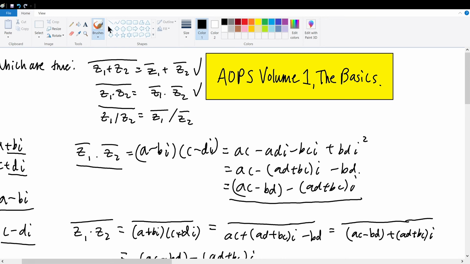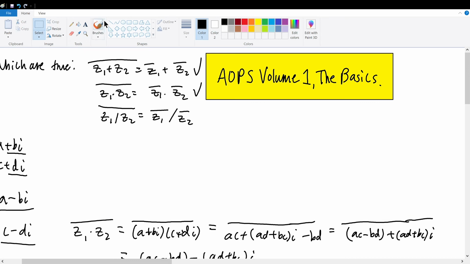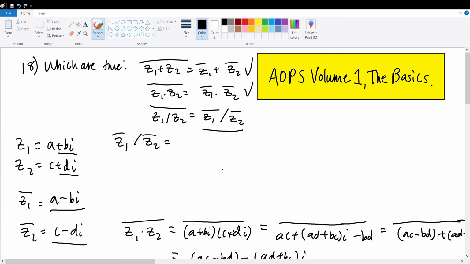So what about the third one? Well, the third one is the same process as we did for the multiplication, except now it's division. So if we first evaluate them separately, z1 conjugate divided by z2 conjugate, we know that z1 conjugate is a minus bi, z2 conjugate is c minus di. So this becomes a minus bi divided by c minus di. And if we wanted to simplify this further, we can get rid of the imaginary term within the denominator by multiplying both sides by c plus di over c plus di.